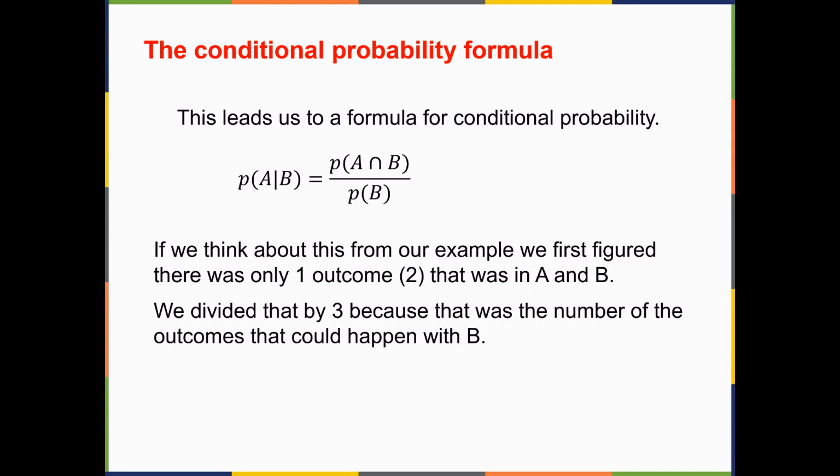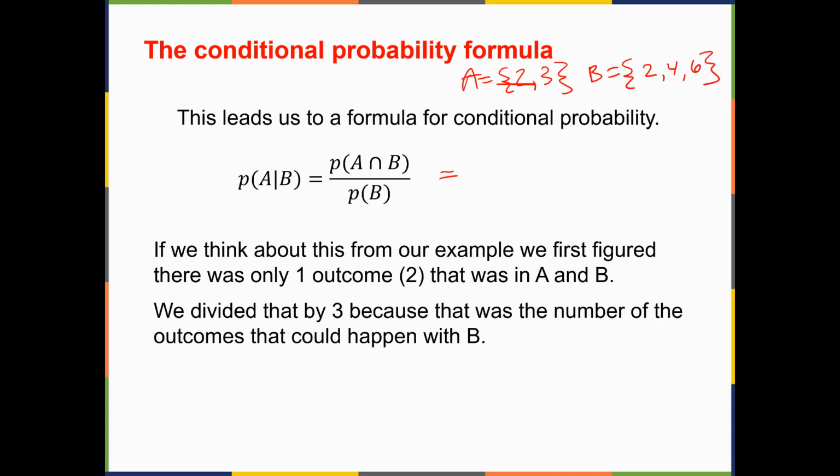All right, let's talk about this nice formula that we have for conditional probability. This formula says the probability of A occurring given B occurred is equal to the probability of A and B both occurring divided by the probability of B occurring. Let's think about this in conjunction with our first example. In our example, A was the event that you rolled a 2 or a 3, and B was the event that you rolled an even number, so 2, 4, or 6.